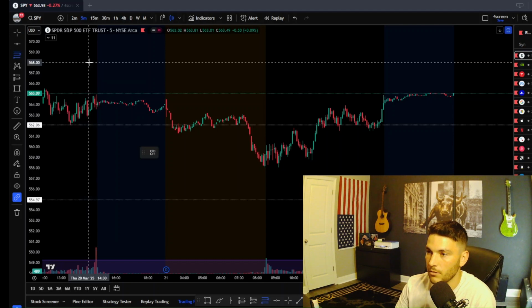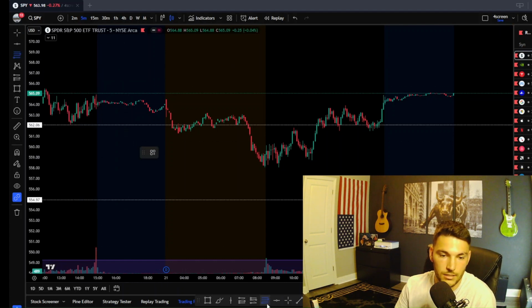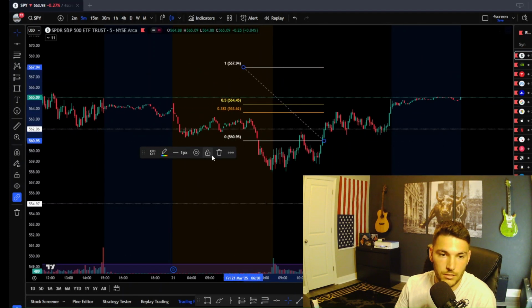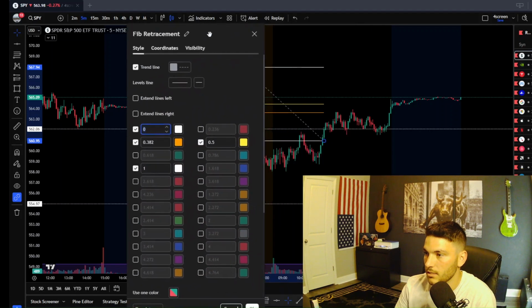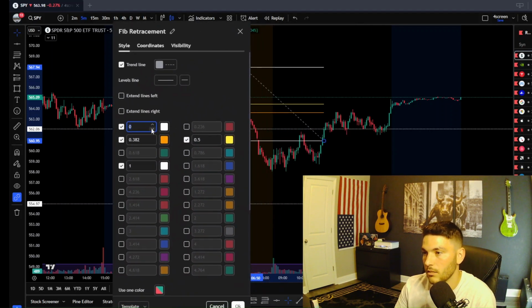And then when you're on it, there's a lot of settings, right? So you draw, you go to your settings, and this is what you want your settings to look like. 0.382, 1.5. I use a trend line in it too as well if you wanted to.